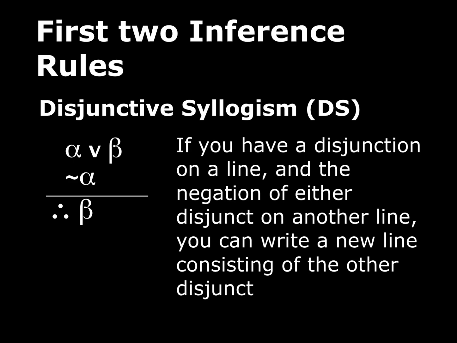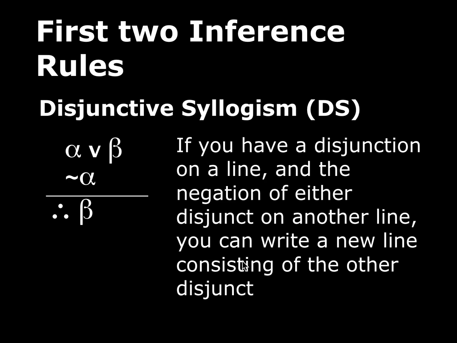So I said that sometimes the schematics can be slightly misleading. And this is just what I meant. If you look at this visual schematic, you might think, oh, it has to be the negation of the first disjunct, because in the visual schematic it's the first disjunct. And that's not quite right. If you actually look at the verbal description, it says if you have a disjunction and the negation of either disjunct, you can write a new line consisting of the other one.